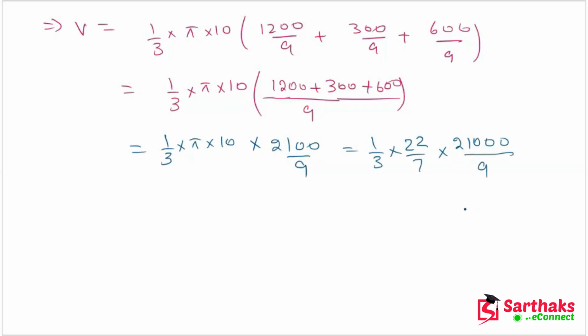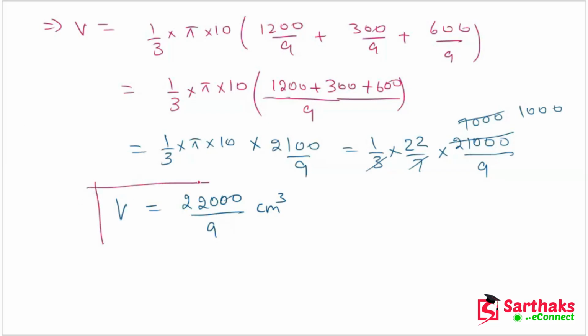Now if we divide, we get 7,000 and 1,000. So we have 22,000 upon 9 centimeter cube. This is the volume of the frustum.